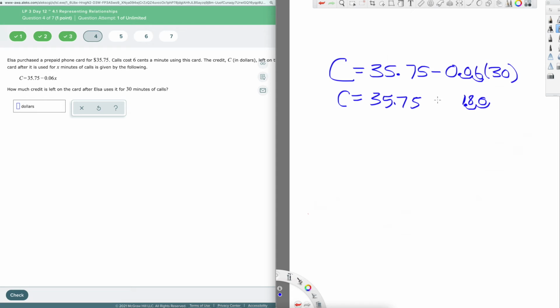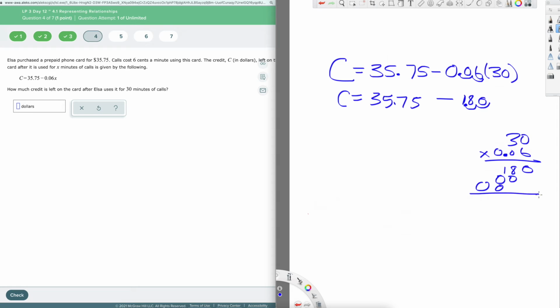I could also write it out like this, 0.06, and I could actually multiply it, and I would get the same thing. You do not bring the decimal straight down, though. That is not what you do in multiplication. Once you get to the end here, I'd have 0, I'd have 18, and I'd have 0, 0, like this.